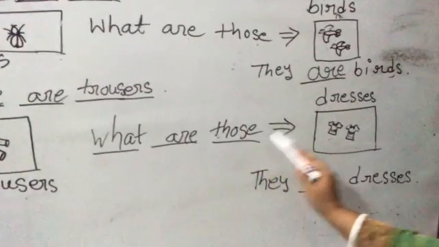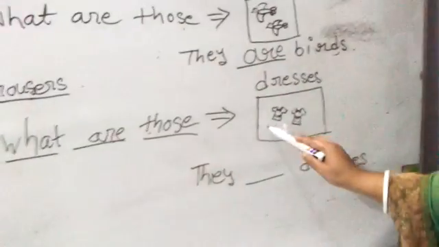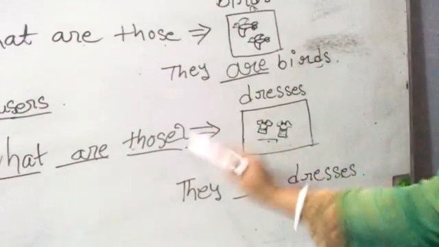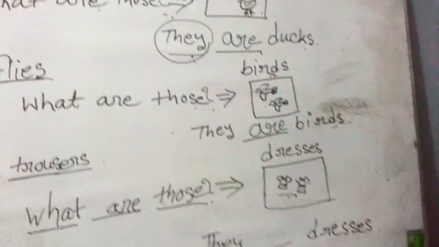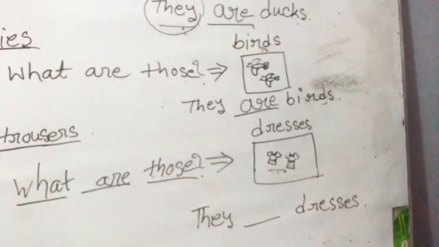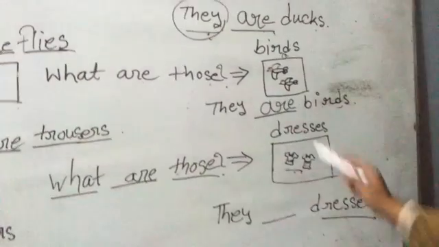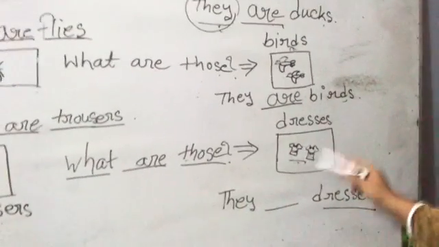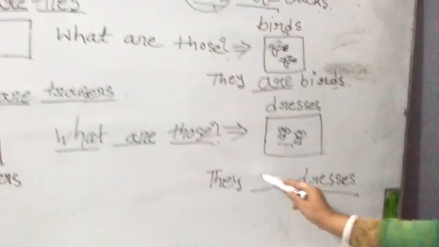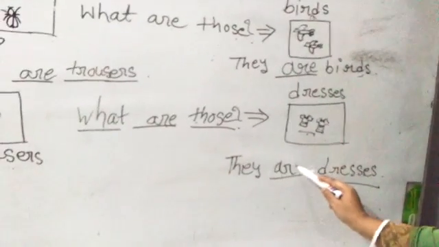Those means the dresses. They are dresses, as it is the picture of two dresses. So we have to write they are dresses.